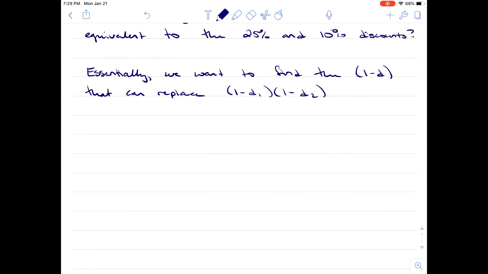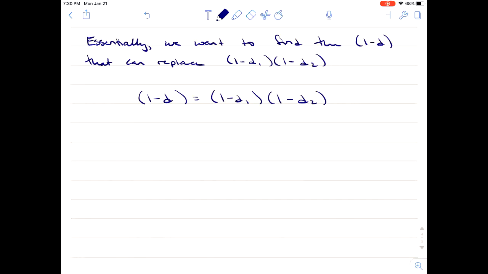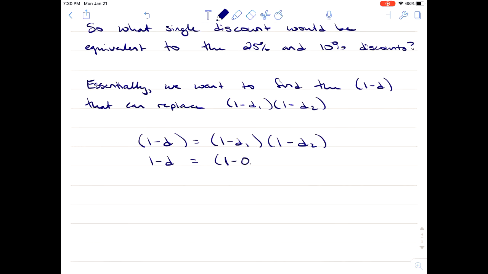So you could say 1 minus d must be equal to 1 minus 0.25 times 1 minus 0.1.